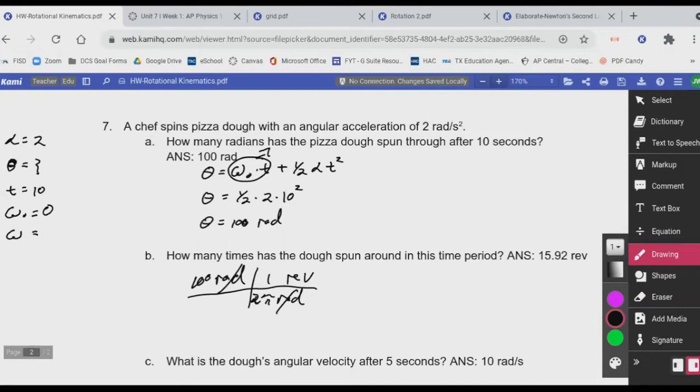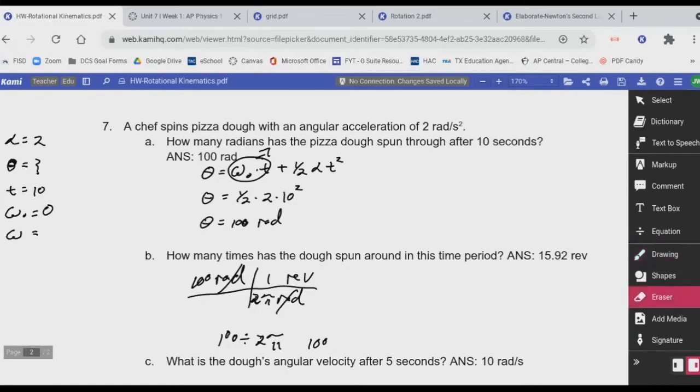Now, do not put it in your calculator as 100 divided by 2 pi, because your calculator will think you mean 100 divided by 2, and then times pi.